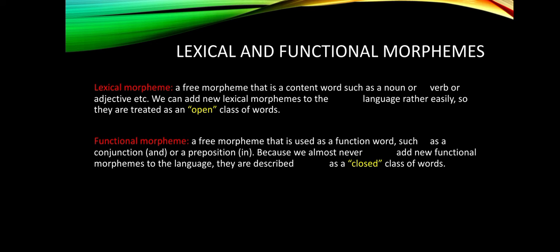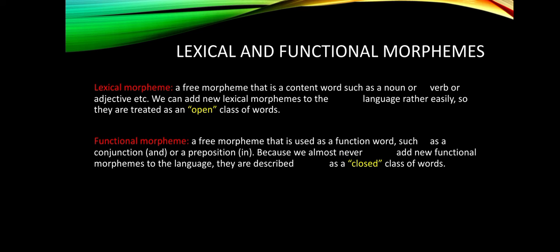Then comes functional morpheme. It is a free morpheme that is used as a function word. These are not lexical words, these are functional words. They do not contain meaning, but they carry a grammatical function with them. These are also free forms, these are not bound.